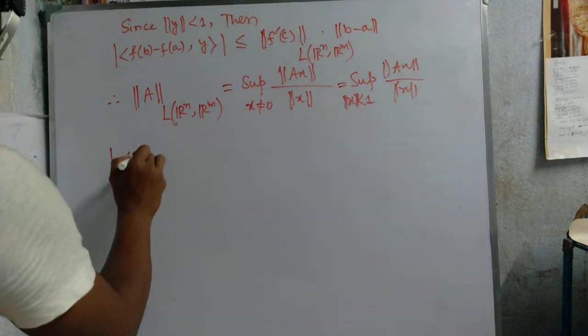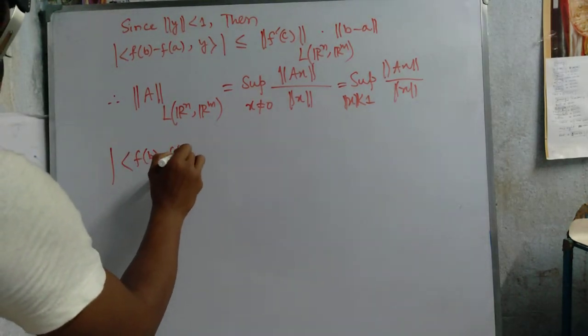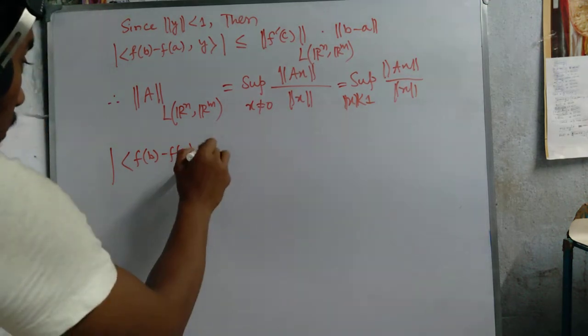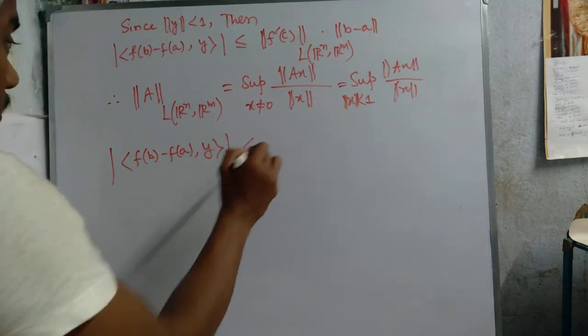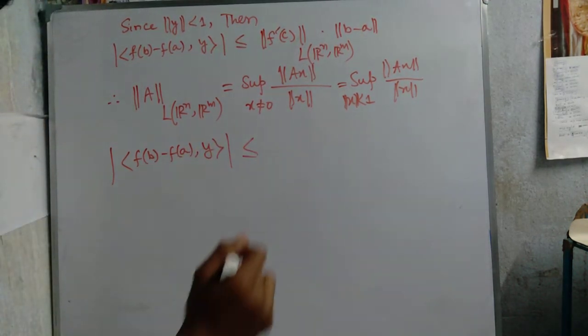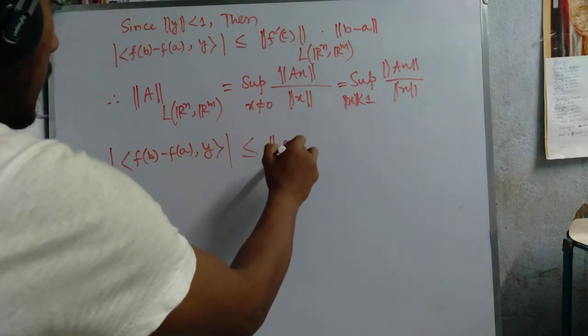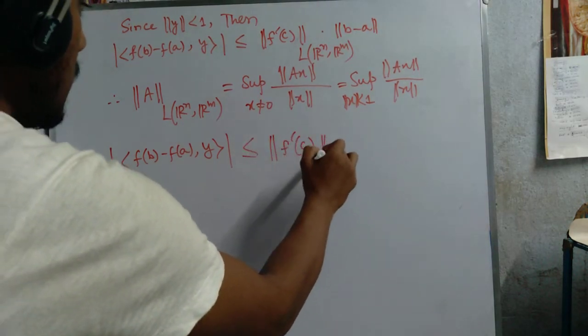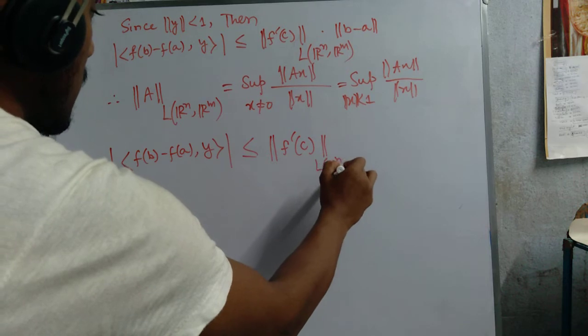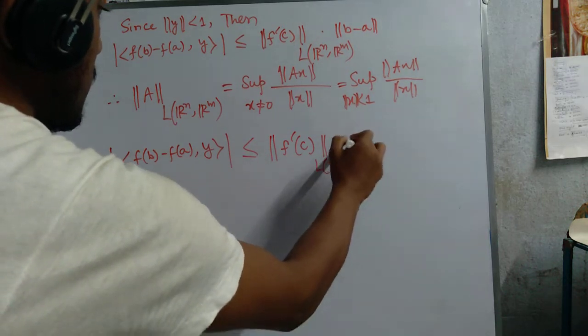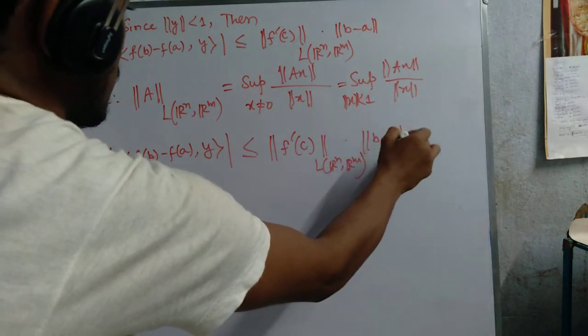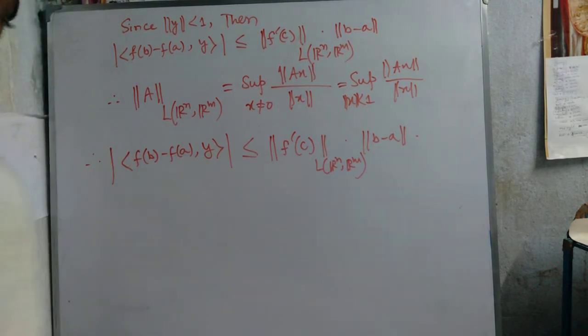Here the inner product of f(b) minus f(a) with y is less than or equal to norm of f'(c) in L(Rn, Rm) multiplied by norm of b minus a. Okay, this one is the required result.